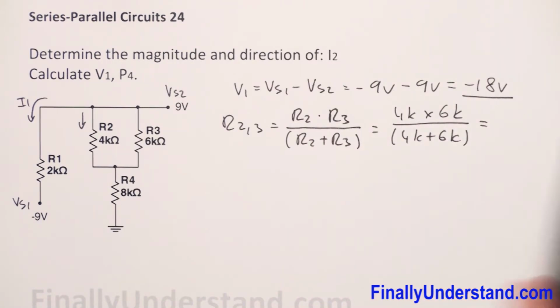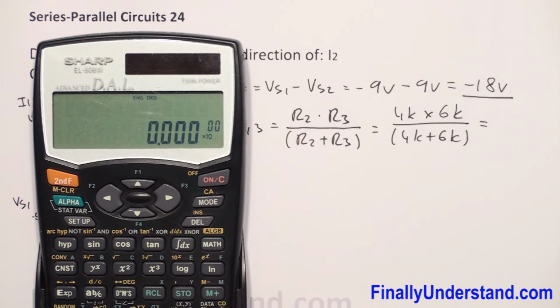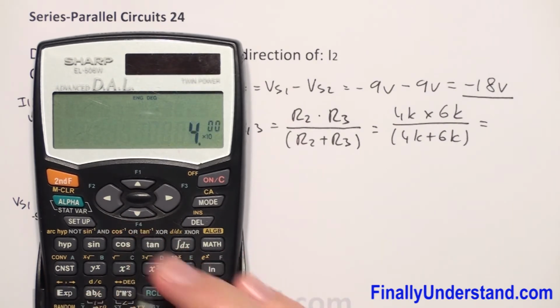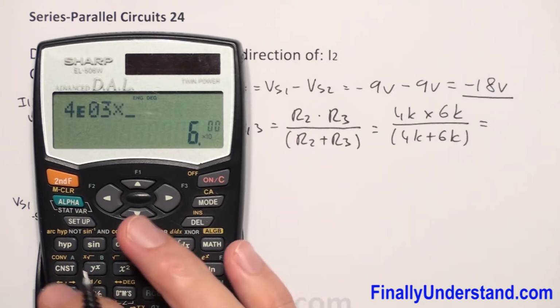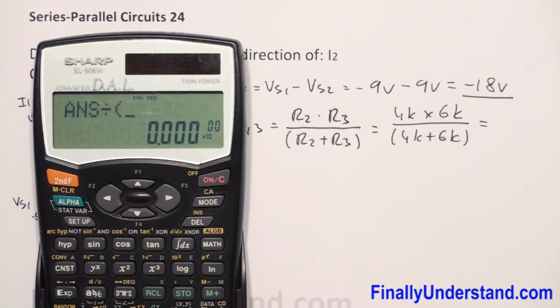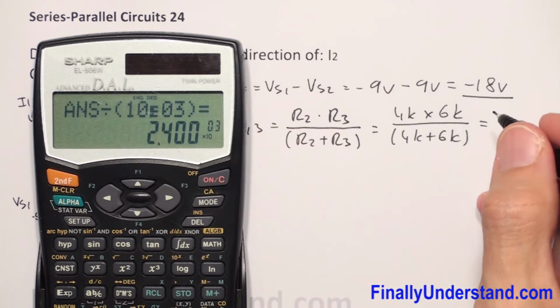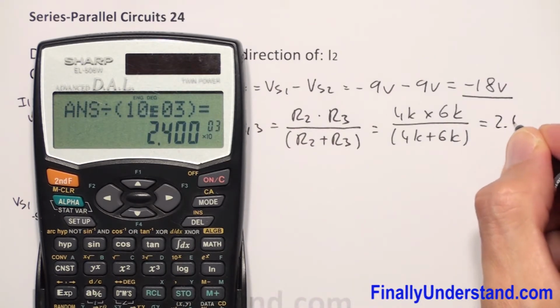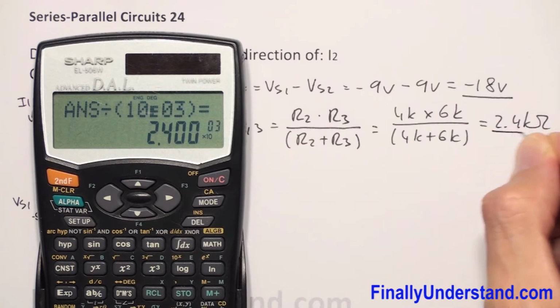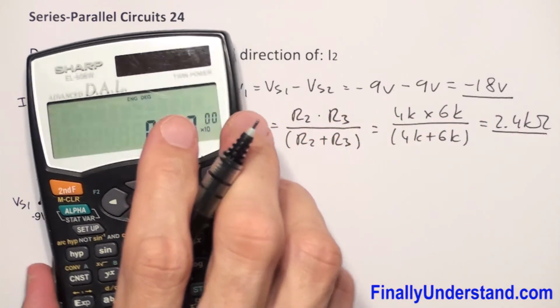This is equal to 4 times 10 to the 3 times 6 times 10 to the 3, divided by 10K. This is equal to 2.4 kilo ohms.